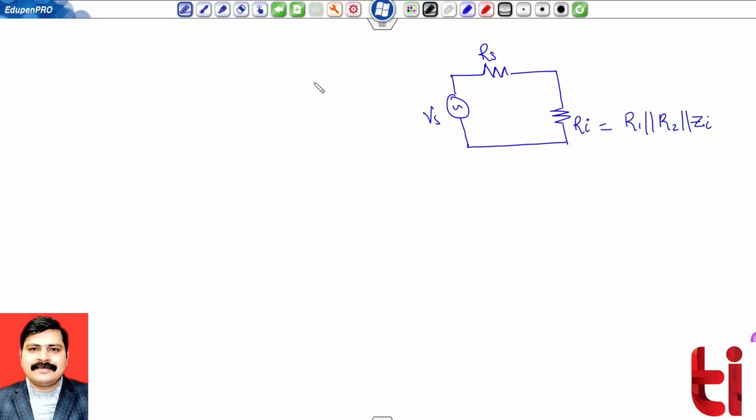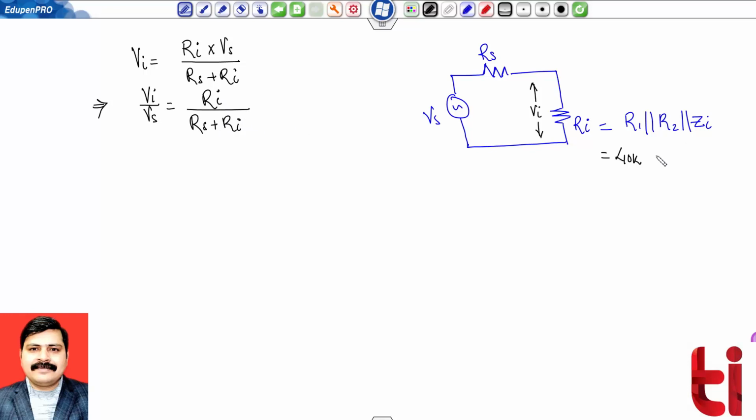Across this I am having the input voltage. So I can calculate this input voltage from voltage division rule, and this is Ri multiplied by source voltage Vs divided by Rs plus Ri, or the ratio of Vi upon Vs will be equal to Ri upon Rs plus Ri.